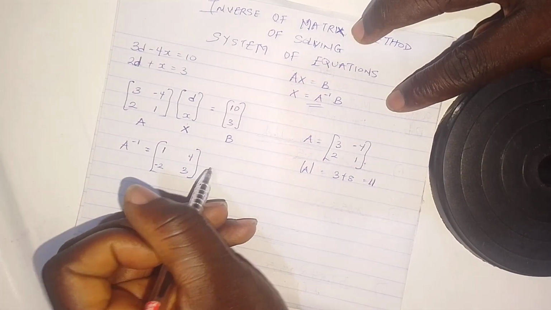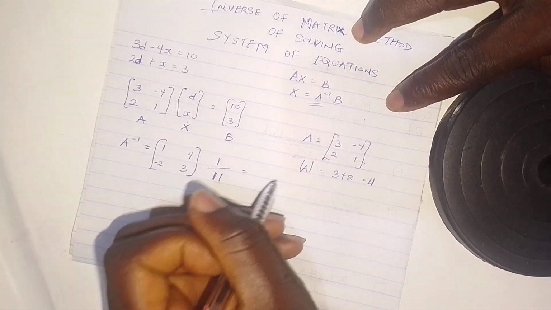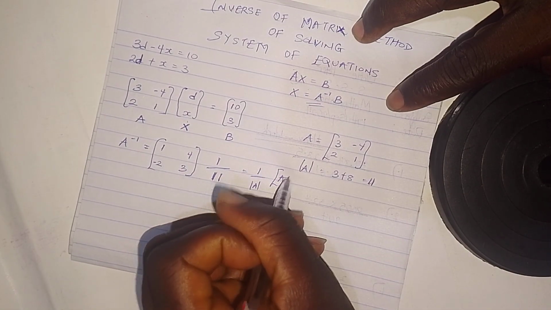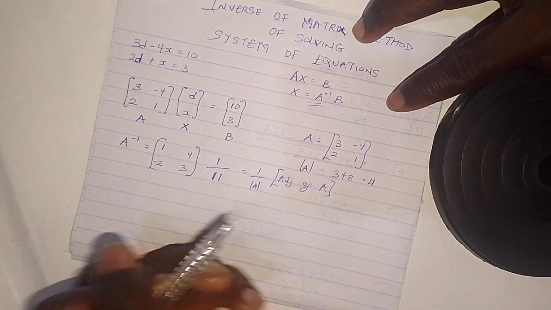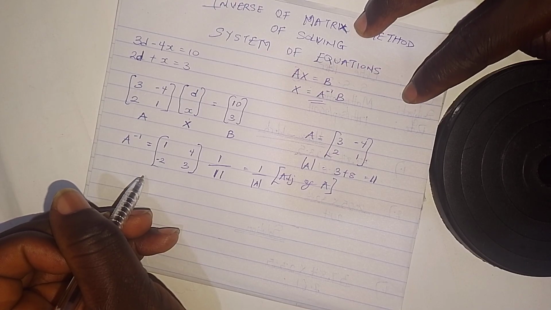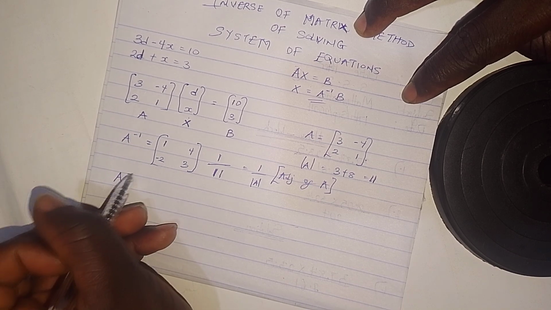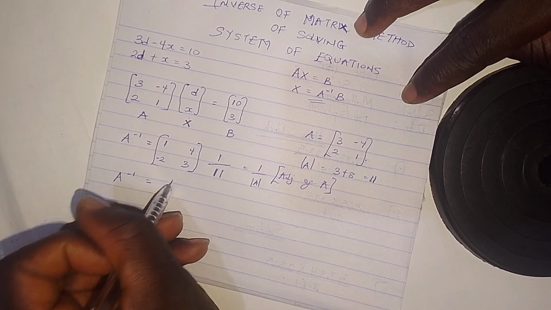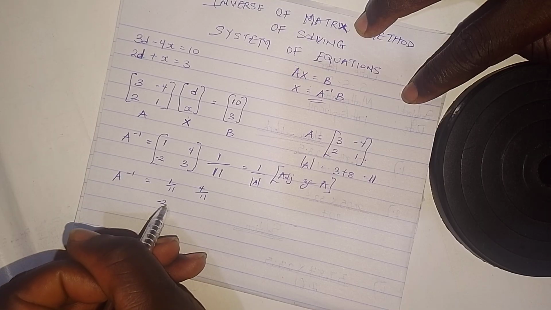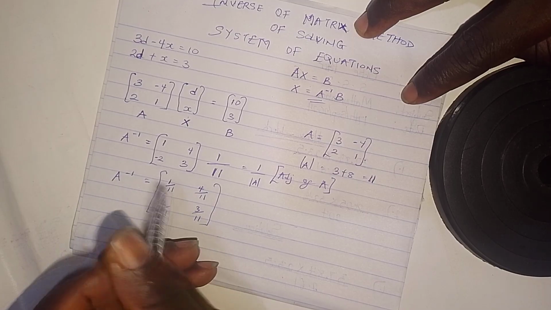So that means 1 over 11, because the formula for A inverse is 1 over determinant of A times the adjoint of A. So the complete solution for A inverse would be 1 over 11, 4 over 11, minus 2 over 11, 3 over 11. None of it can be broken down.